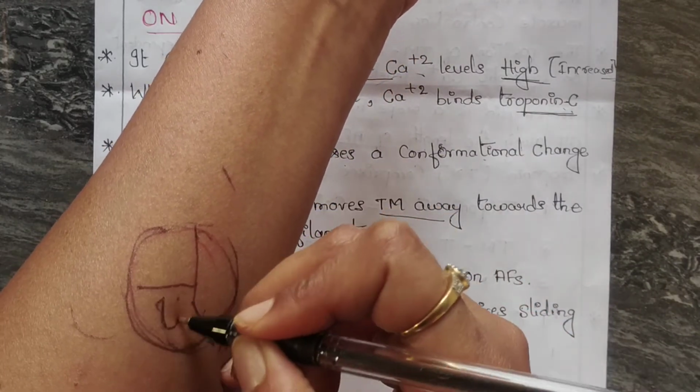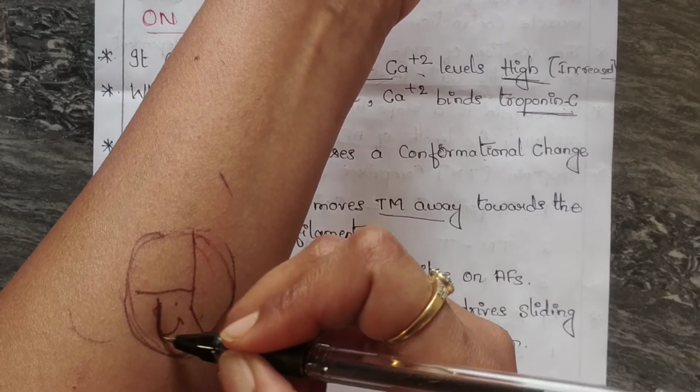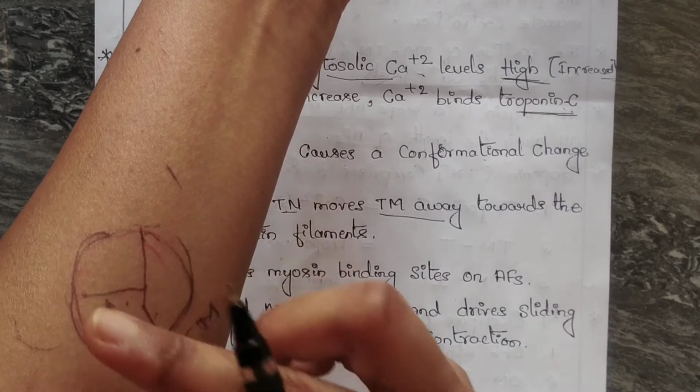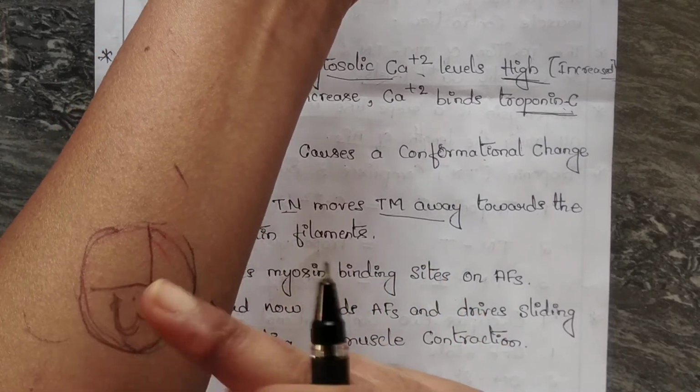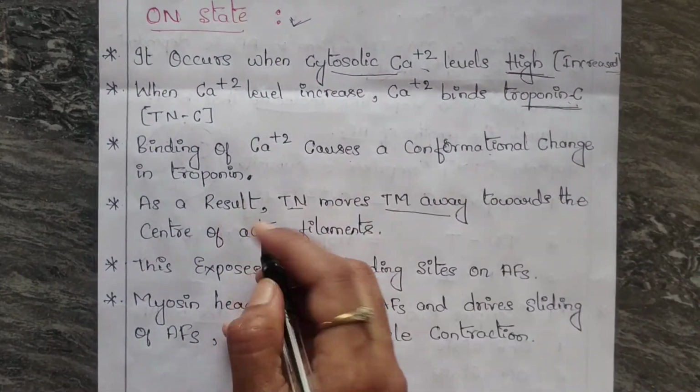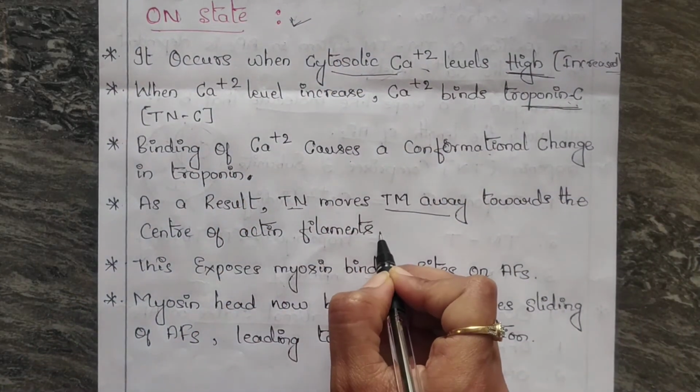This is the calcium binding site. So when calcium comes and binds here, this brings a conformational change in the troponin. That means this troponin moves the tropomyosin away toward the center of the actin filament.